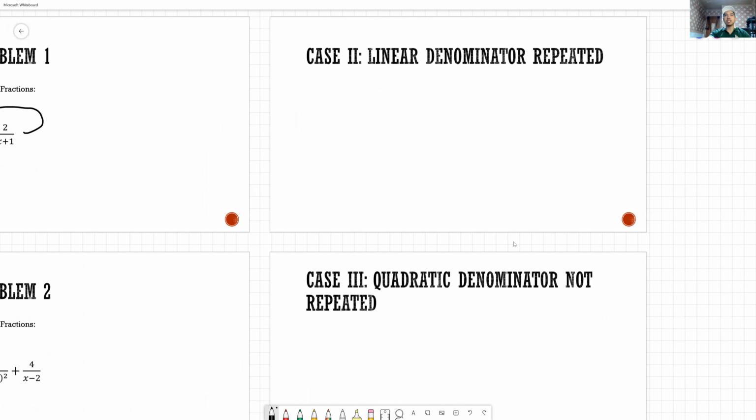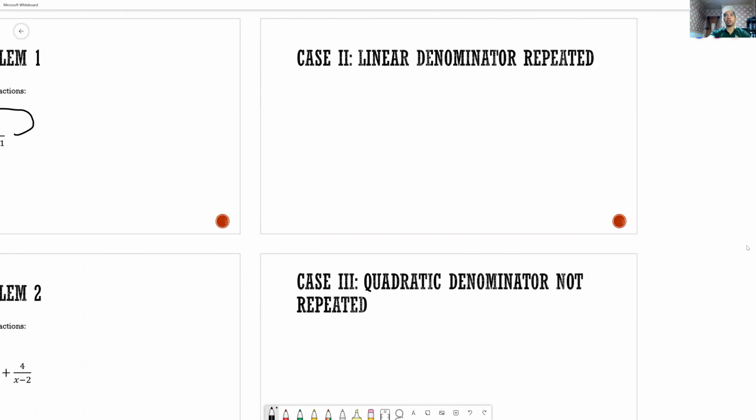So let's now have the second case. So that is a linear denominator that is repeated. So for a linear denominator that is repeated, the functions of x will also be the same, but this time, the denominator has a linear factor that is repeated. This usually occurs with the perfect square trinomials na may factor na gano'n. So see for example, m1 x1 plus b1, naulit siya.